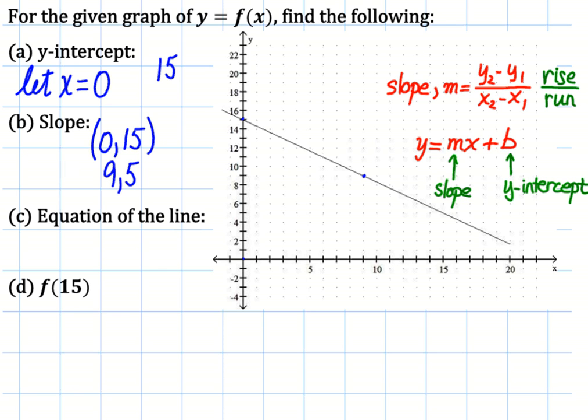So by using the formula, you know what? I don't know why I put a 5 there, but we're going to correct that. This would be x1, y1, x2, y2.